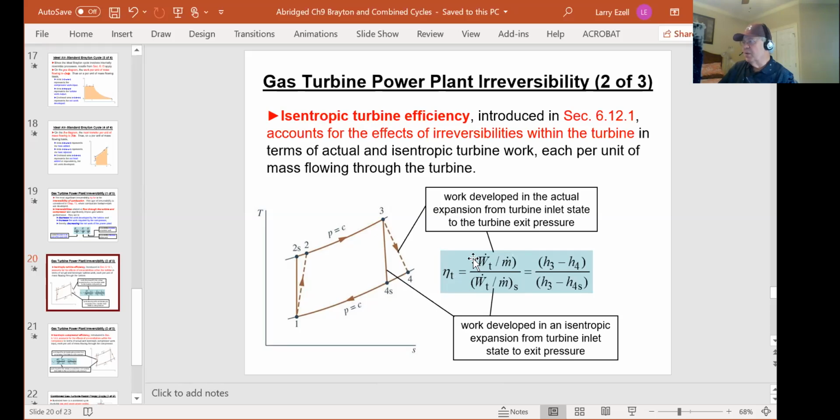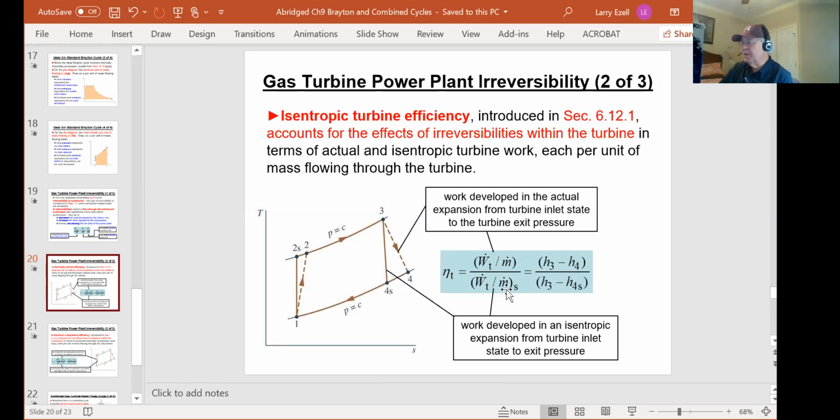It's equal to the work of the turbine actual, and they have it per pound mass. You don't have to, you could have WT over WTS, and WT has got an m dot times the h's, and the m's are going to cancel out, but this is a good way to show it. Work of the turbine actually per pound of fluid passing through it, over the work of the turbine isentropic.